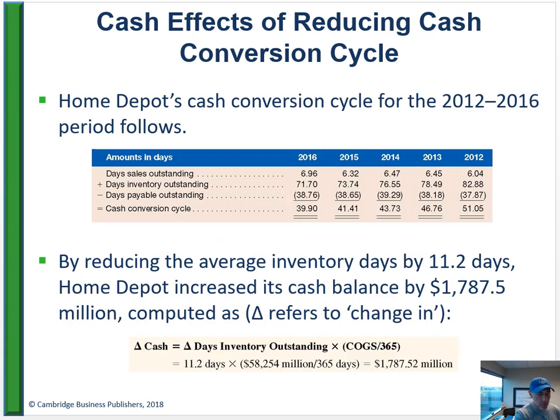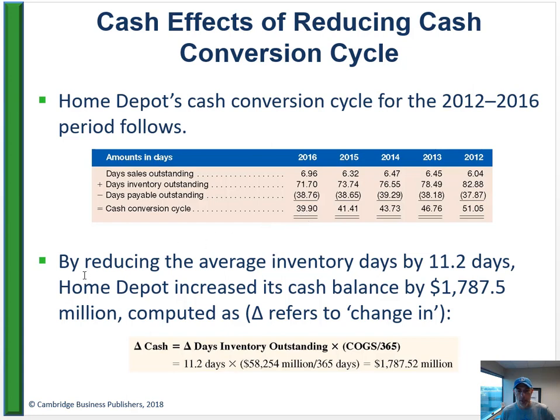And we've looked at this before too, but it's important to note how an analyst uses this data. If we can minimize that cash conversion cycle, and in this example that the authors give us, we're looking at Home Depot. And you can see here that Home Depot's cash conversion cycle falls from 51 days in 2002 to 40 days in 2016.